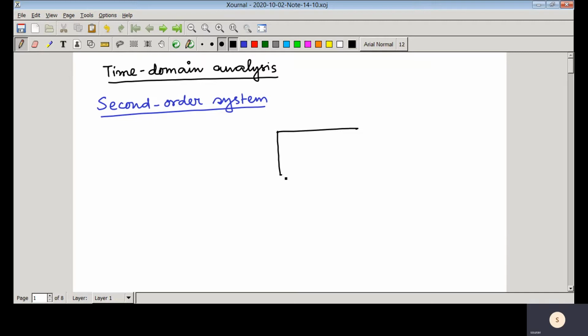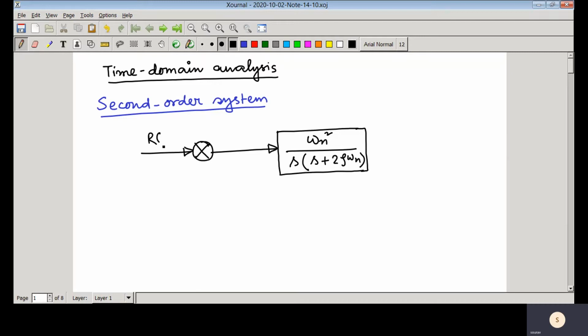So suppose we have that forward path transfer function, that is omega n square divided by s into s plus twice zeta omega n, and if we close this loop, this is that comparator and we have that reference command. Whenever we take that negative feedback, we have this output.